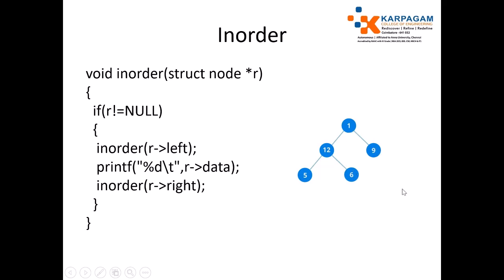In a similar way we can perform pre-order traversal. Pre-order traversal means first print the root node's data, then process the address of the left subtree and the address of the right subtree. So the printf function will come before the recursive calls.